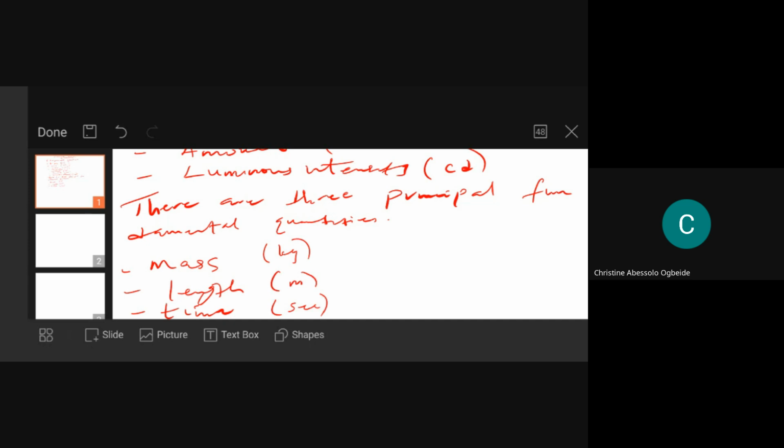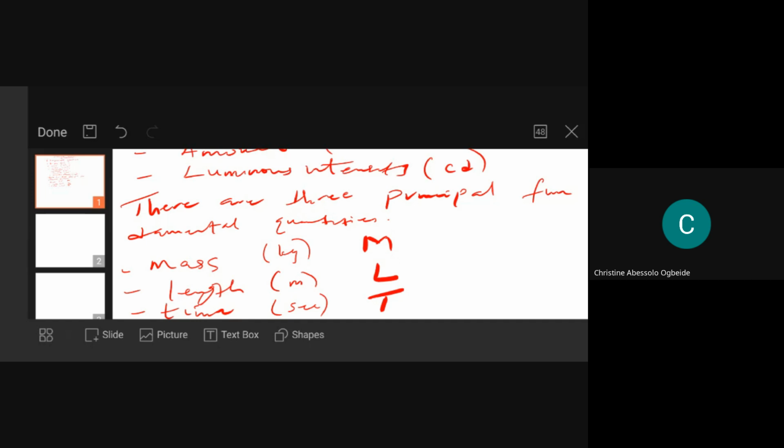The dimension for mass is capital letter M, the dimension for length is capital letter L, the dimension for time is capital letter T. So once you hear dimension analysis, you should be able to tell the dimensions of these principal fundamental quantities, which are mass, length, and time.